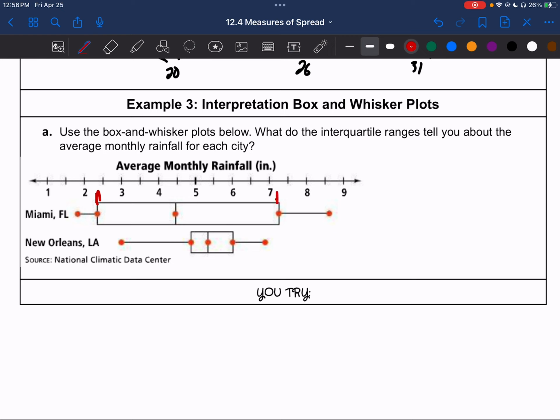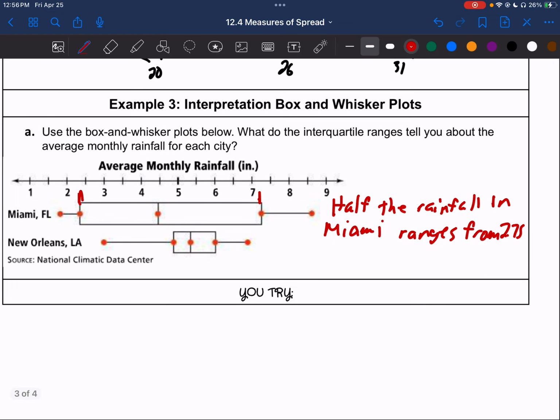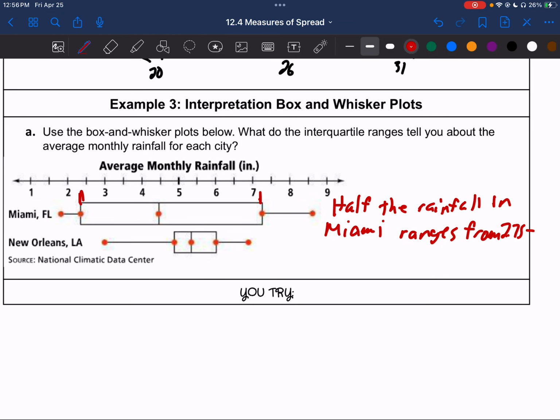So half the rainfall in Miami ranges from 2.75 to 7.25 inches.